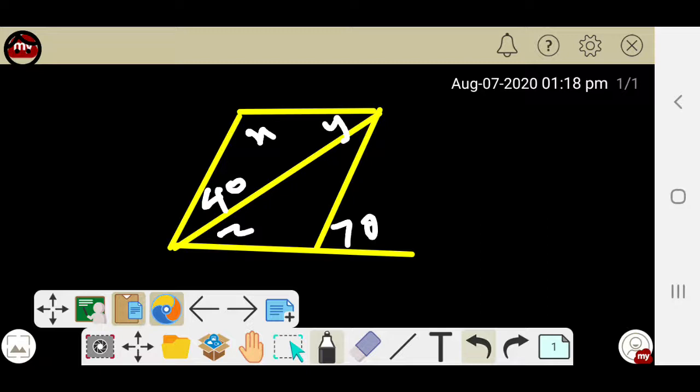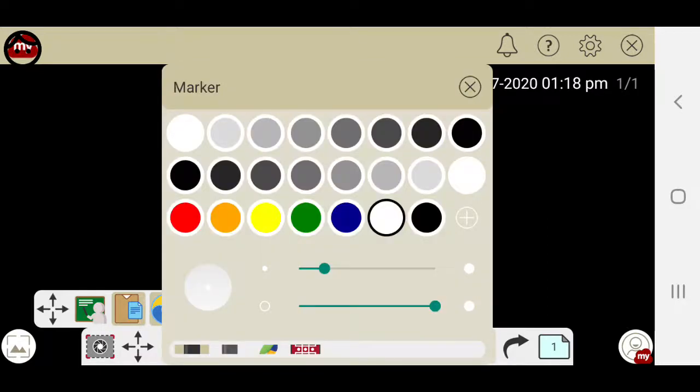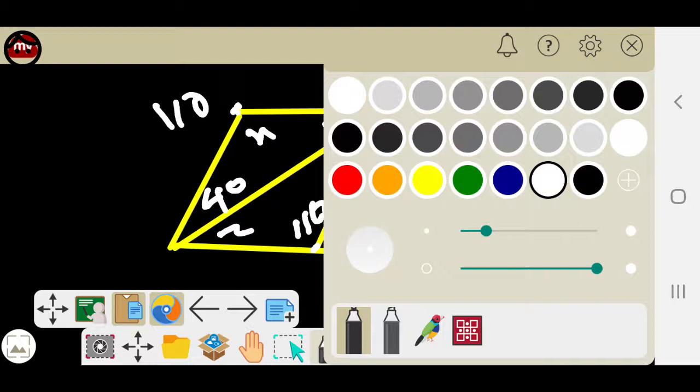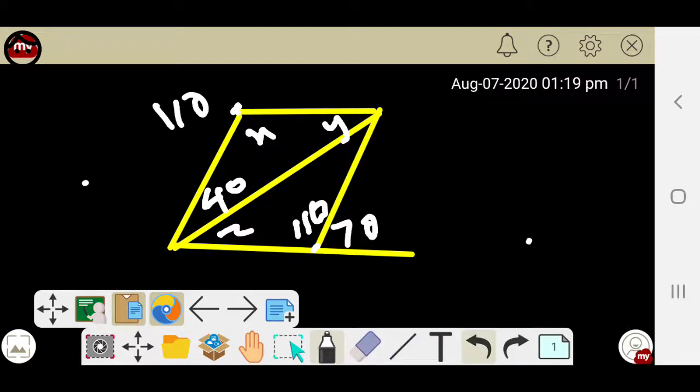First of all, we can write if this one is 70, this one will be 110 because the total angle is 180. Then it is a parallelogram, so these two angles will be equal. So x equal to 110, opposite angles equal. If x equal to 110, what is y? 110 plus y equal to 180. These two angles are adjacent, supplementary.